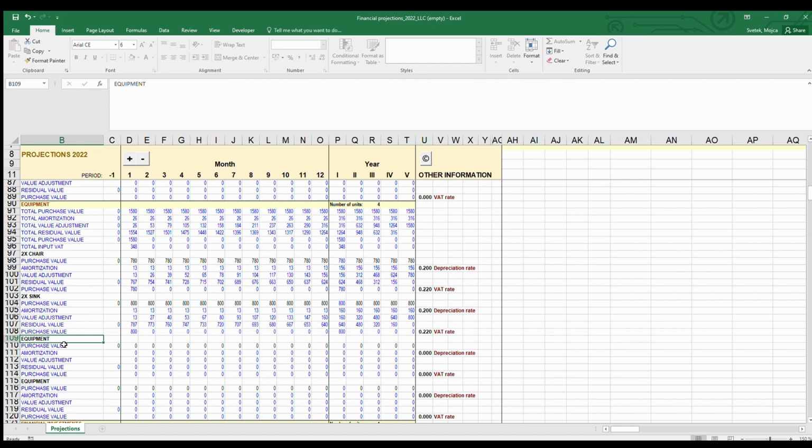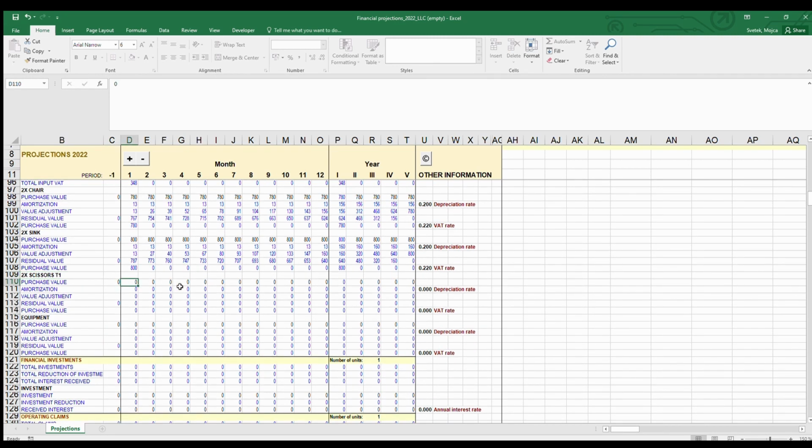She will also buy two types of scissors. The first type costs 220 euros and has a useful life of 3 years.